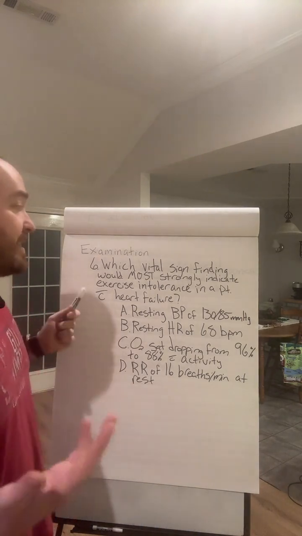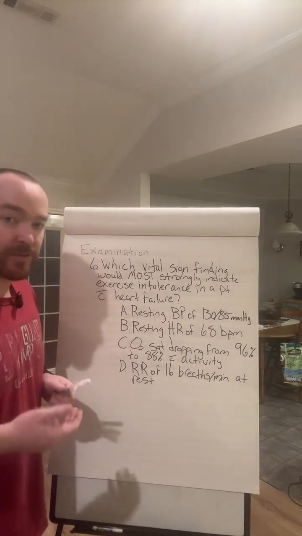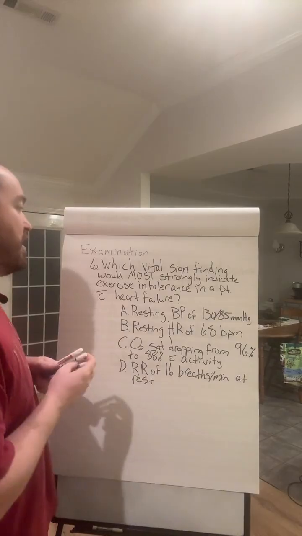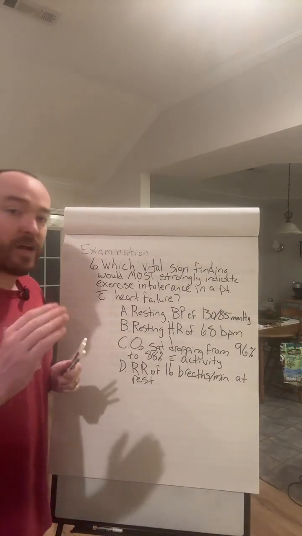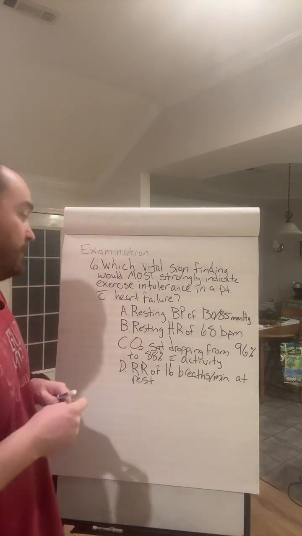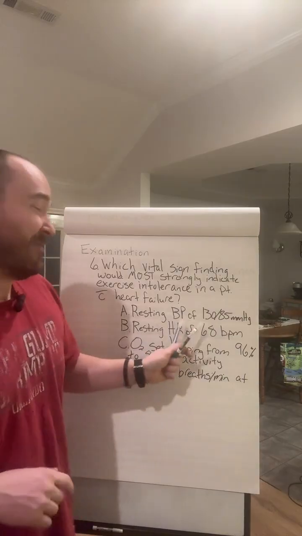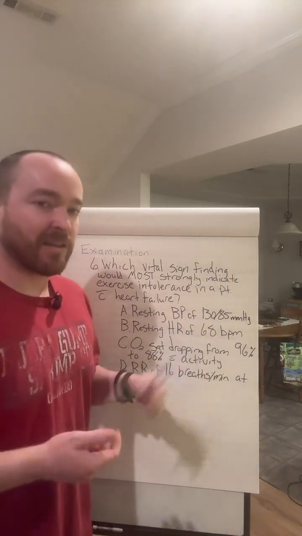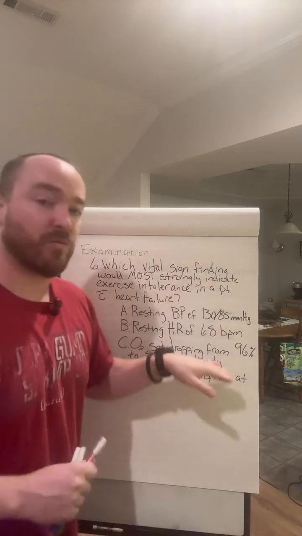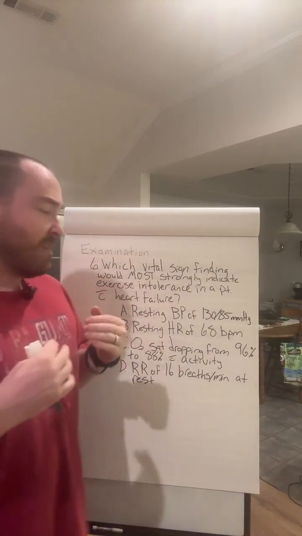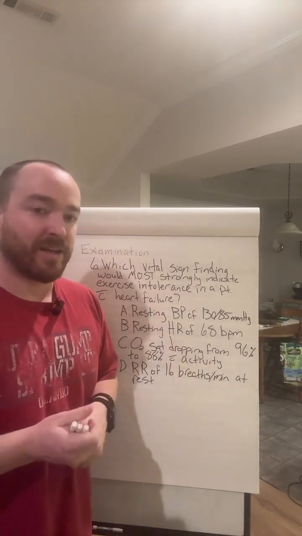Okay, so the question is asking which is going to tell us that we need to stop exercise, right? So which of these vital signs is going to tell me I should stop doing exercise? A resting blood pressure of 130/85, sure, that's mildly elevated, but it's not crazy, and it gives me enough room to work with if my cutoffs are like 180/100, my red flag zone.